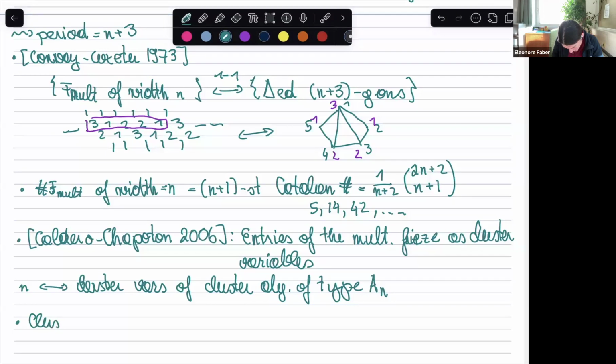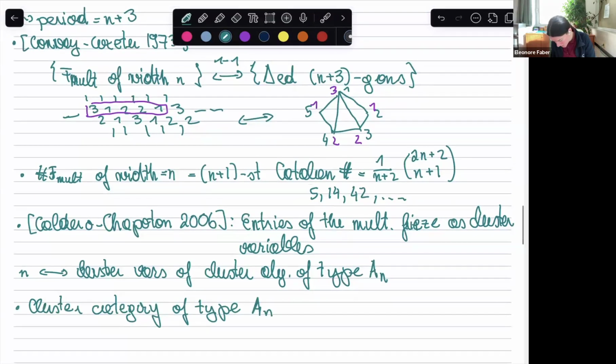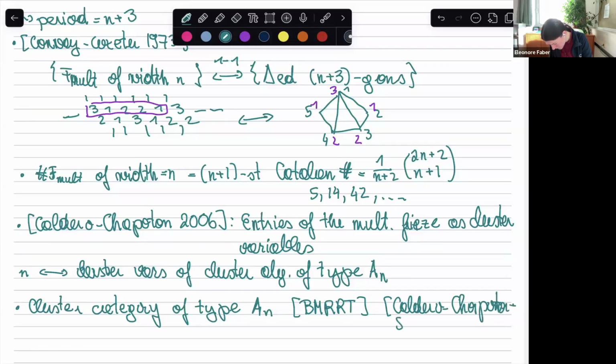So what cluster category of type, have to be careful, yeah, type AN. This is due to, I'll just write the abbreviation BMRRT, so Buan, Marsh, Reineke, Reiten, and Todorov, and then also the geometric interpretation is Calderon, Chapoton, Schiffler.